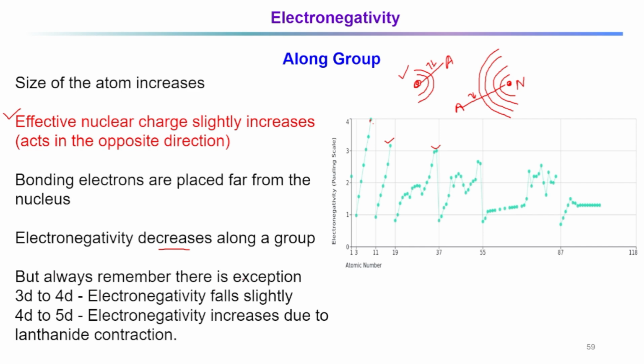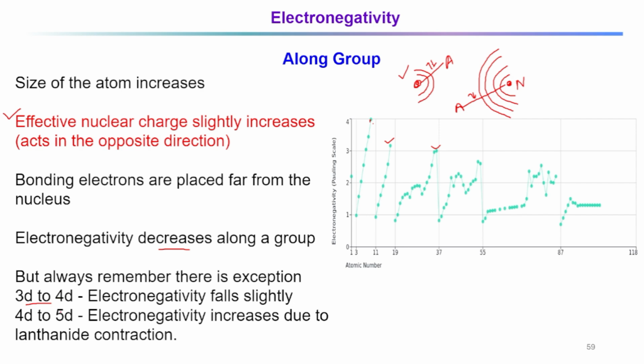But there are some exceptions, and the exception lies in the d series. From 3d to 4d electronegativity falls slightly, but from 4d to 5d electronegativity increases due to lanthanide contraction. Along the group, the electronegativity should decrease, which is happening from 3d to 4d, where it is slightly decreasing, but from 4d to 5d the electronegativity is actually increasing because of the lanthanide contraction. What happens because of the lanthanide contraction?